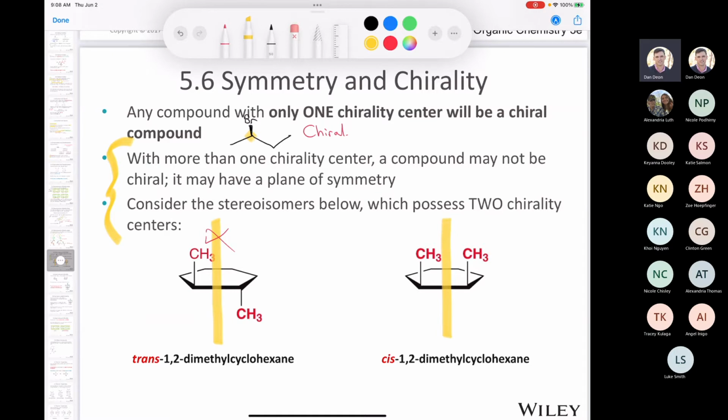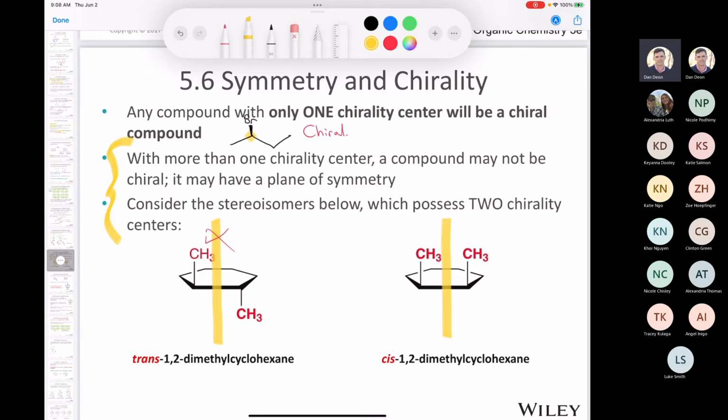No, the definition of a molecule being chiral is that it can rotate plane polarized light. Let me repeat that. A chiral center is a carbon that has 4 different groups attached to it. However, you can have a molecule that's got chiral centers in it, but the molecule itself will not rotate plane polarized light.